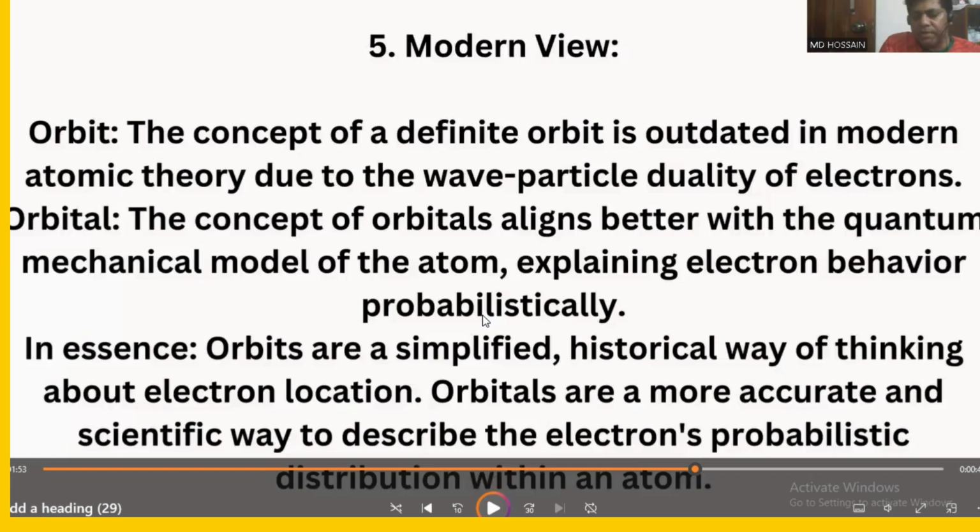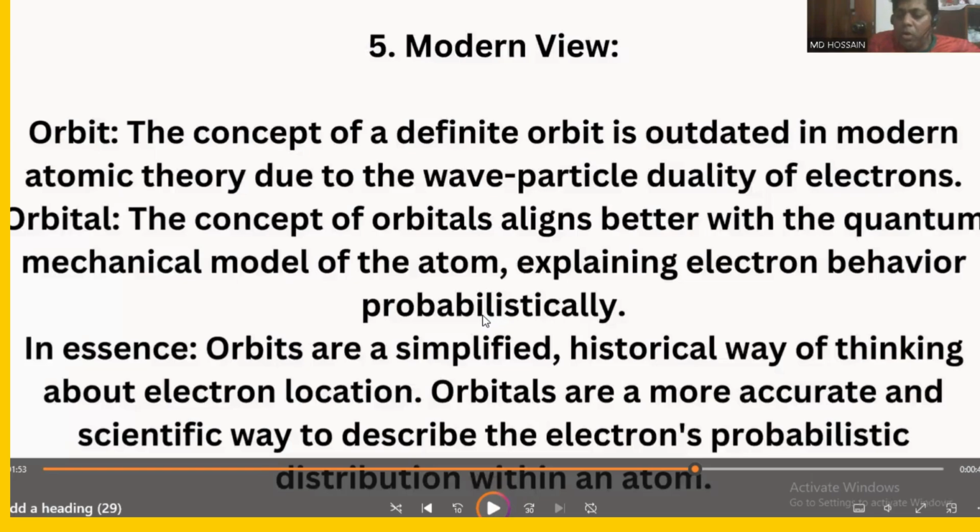Just now, keep in mind, orbit is outdated in modern science. The concept of orbital is related to the quantum mechanical model of the atom. Just keep this in mind. In a sense, orbits are a simplified, holistic way of thinking about electrons' locations.